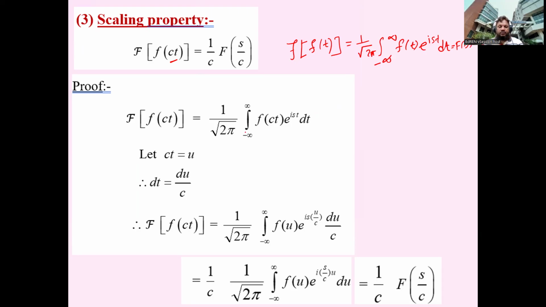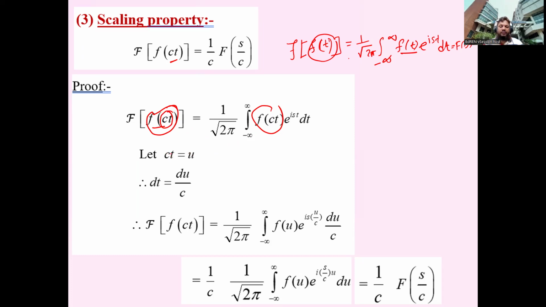Okay, so using the basic definition of the Fourier transform, the Fourier transform of f of ct can be written as 1 by root over 2 pi, f of ct replacing f of t. Okay. So again, we can consider the variable ct equals u.